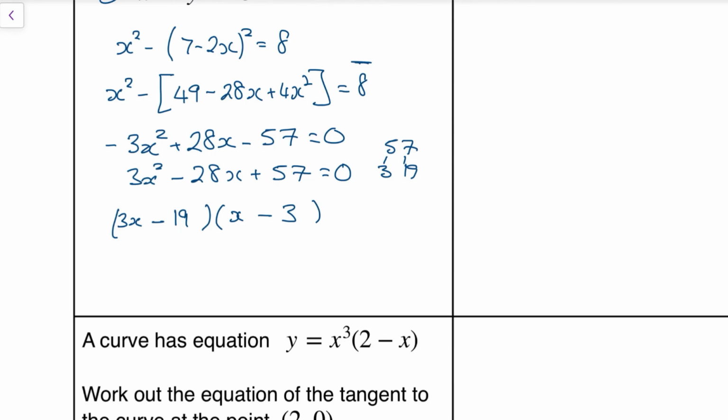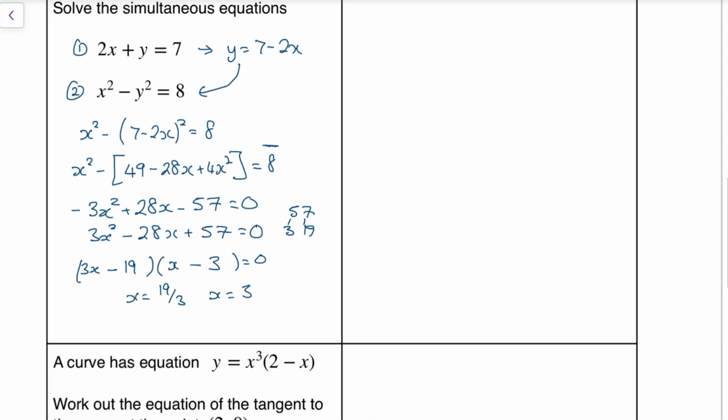So a bit of luck, but again, a bit of guessing that whoever did this question probably made it work, because it typically does. Either way, that tells me that that equals 0, which means x is equal to 19 over 3, not nice, or x is equal to 3, a bit nicer, which means I can then go all the way back to the first equation, more specifically this equation here, and work out my y values.